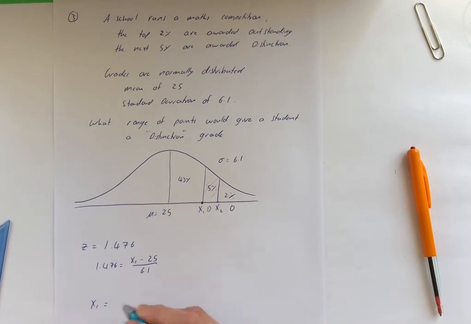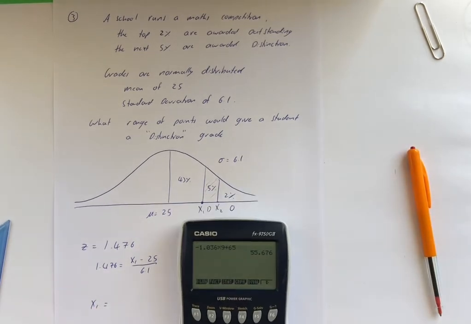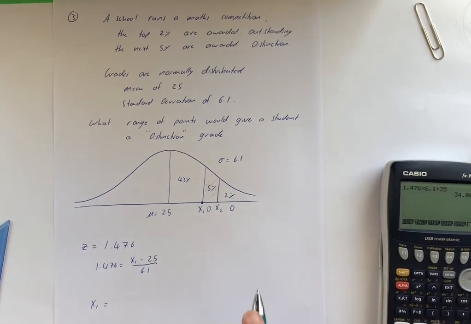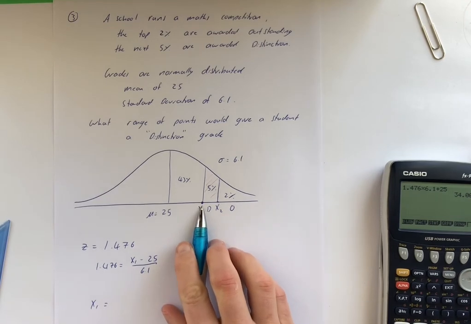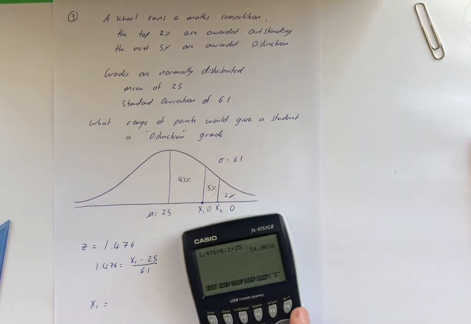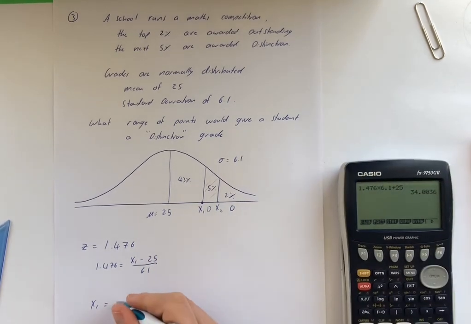Now you're probably going to want to show your working for this, but for the sake of keeping the video short, 1.476 times 6.1 plus that 25 after rearranging, 34. Now I can't round that down because that's going to make it more than 5%. So I think in this context, it's fine just to call that 34.